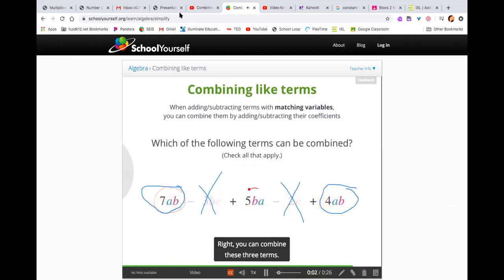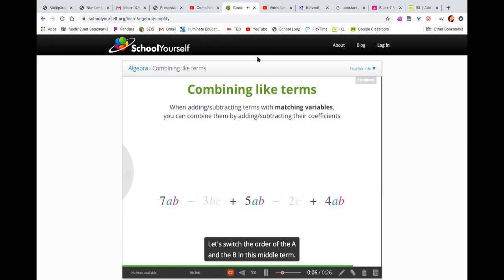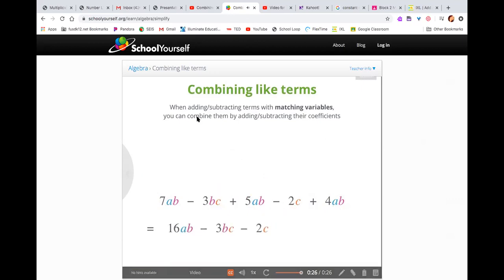Right, you can combine these 3 terms. Let's switch the order of the A and the B in this middle term. So to simplify, we can combine 7AB plus 5AB plus 4AB to get 16AB, because 7 plus 5 plus 4 equals 16. So this expression equals 16AB minus 3BC minus 2C.